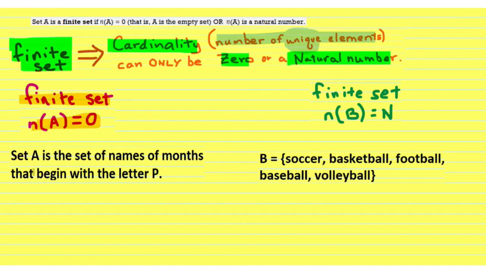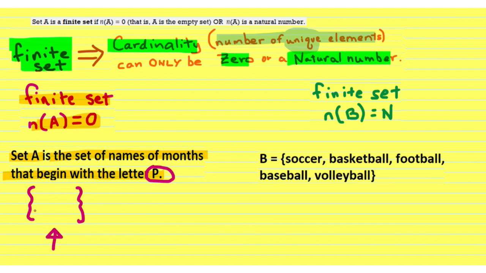Here's an example of one of those. A set A is the set of names of months that begins with the letter P. Okay, so let's go ahead and put our little brackets up here. What month begins with the letter P? Are there any months that begin with the letter P? No, there are no months that begin with the letter P. So it is literally the empty set because there are 0 elements.